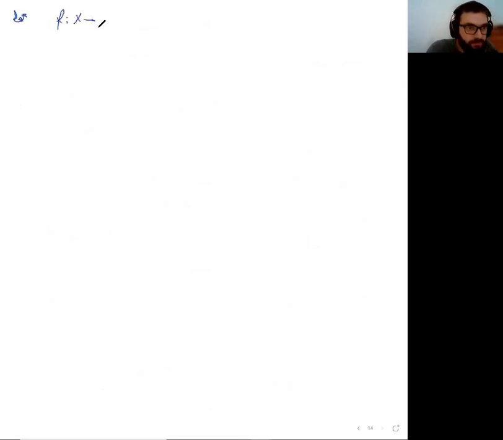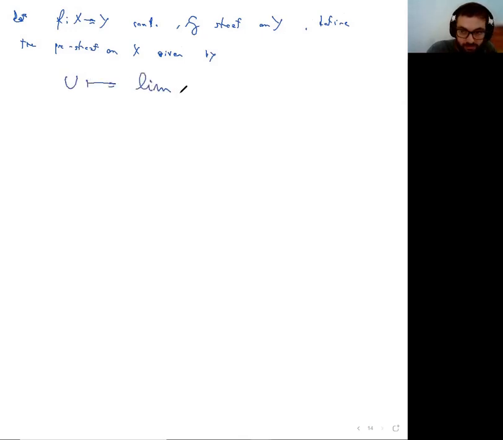And just another one. So if you have again a continuous map, and now you have a sheaf G on Y, we define a pre-sheaf on X given by taking U and sending it to the direct limit of G(V). But when I give you a direct limit, I have to give you the corresponding directed system.